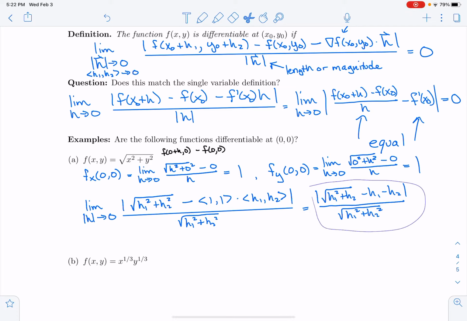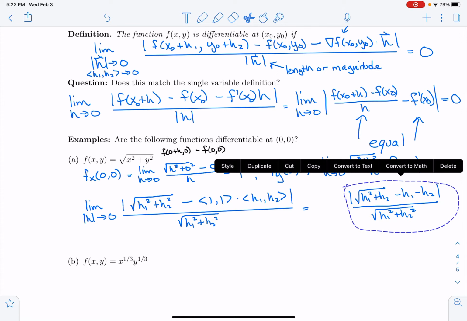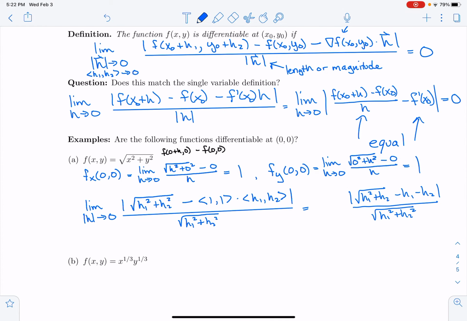Now, we're taking the limit as the length of h goes to 0. And this limit, in fact, is not going to exist. So if we investigate that limit further, it's actually not going to exist. So because that limit does not exist, this function is not differentiable at 0, 0.